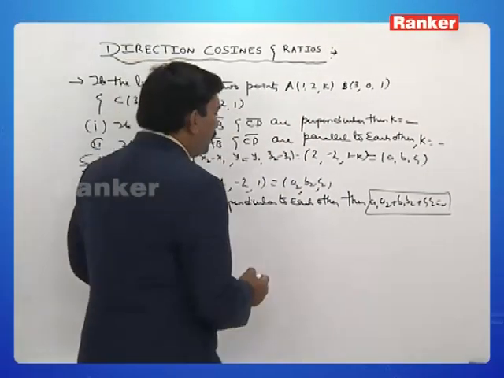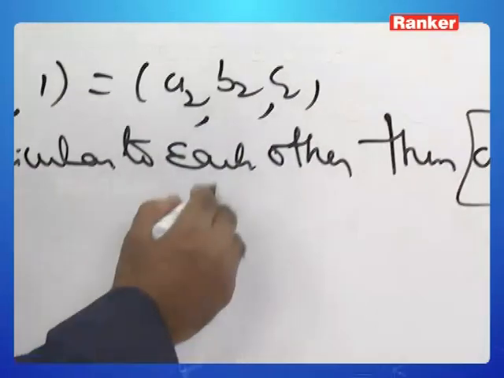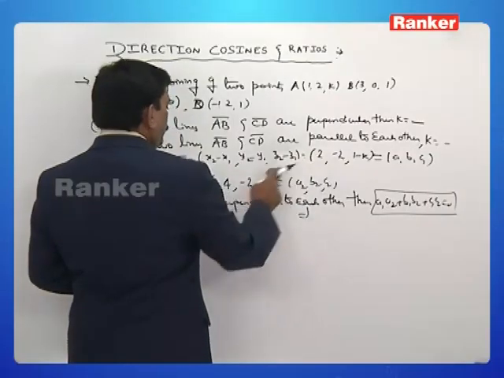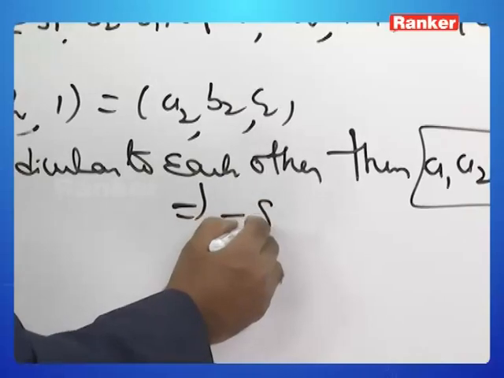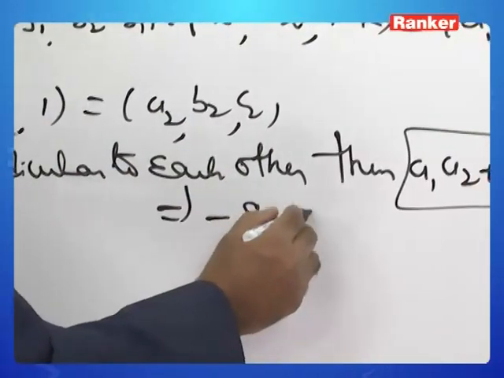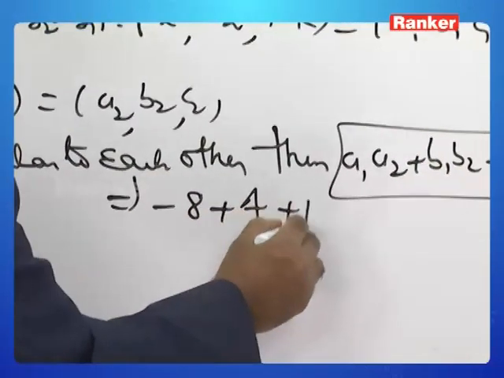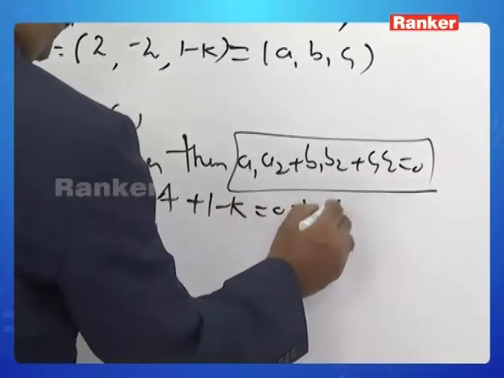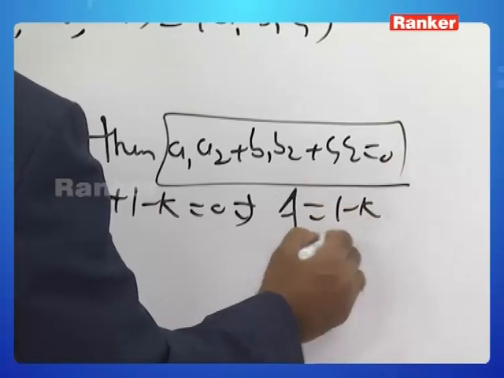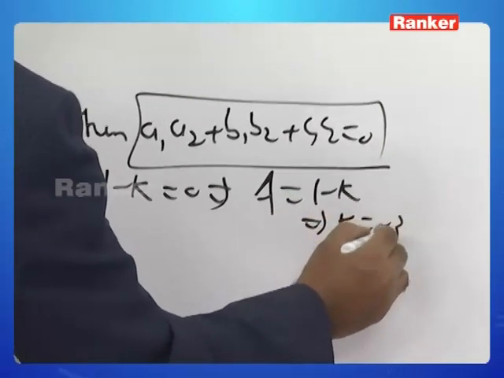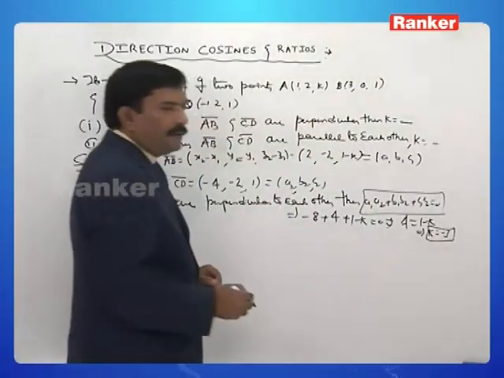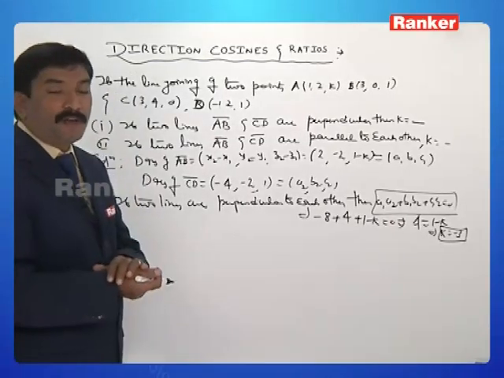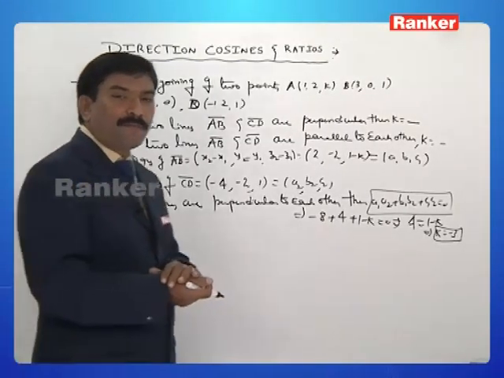I can write this as A1 A2, that is minus 8, B1 B2 plus 4, plus 1 minus k, equals 0. So I can write 4 equals 1 minus k. Therefore, k equals minus 3 is the value under the perpendicular condition.